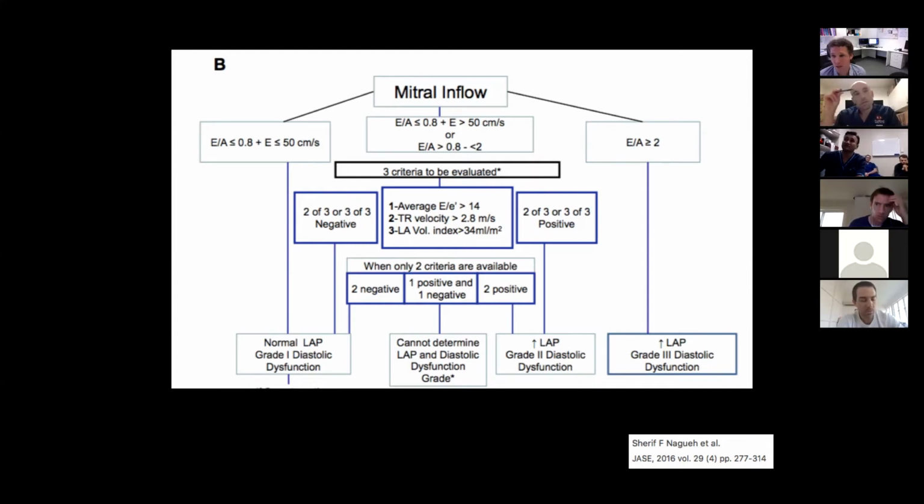Yeah, absolutely, completely, nice question. I guess it's going to depend a little bit on the fluid status there, but absolutely, if you've got acutely impaired diastolic function and a poorly compliant left atrium, the pressures could be even higher. Yes.